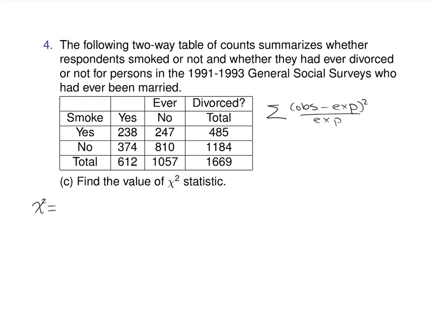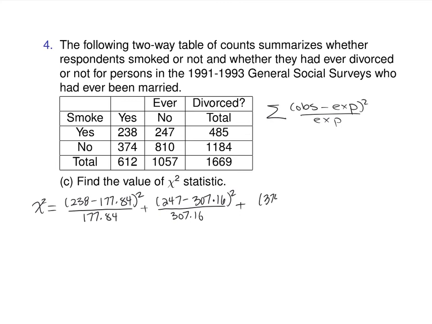So chi-squared is observed, which is 238, minus expected, which is 177.84 squared, over 177.84, plus the next observed, which is 247, minus 307.16 squared over 307.16, plus, next we have 374 minus 434.16 squared over 434.16.